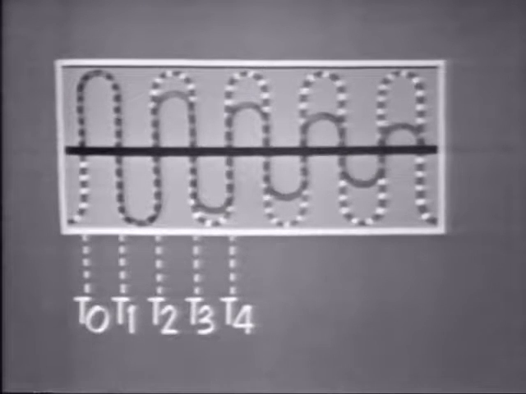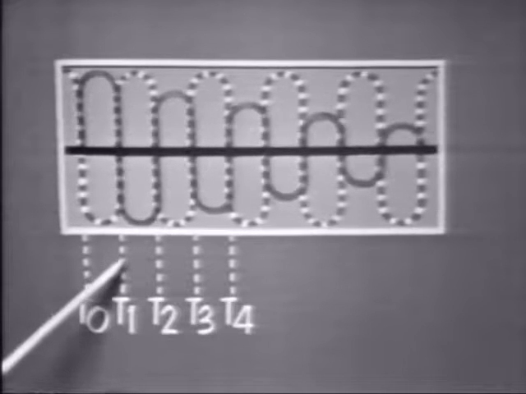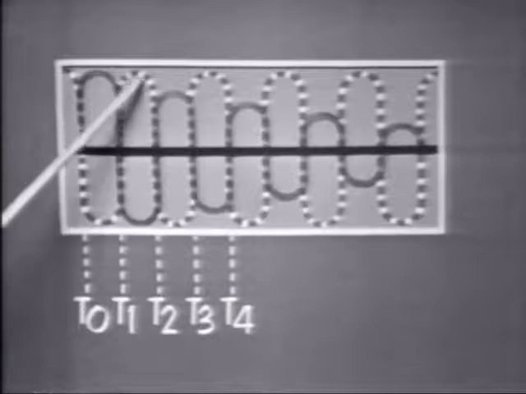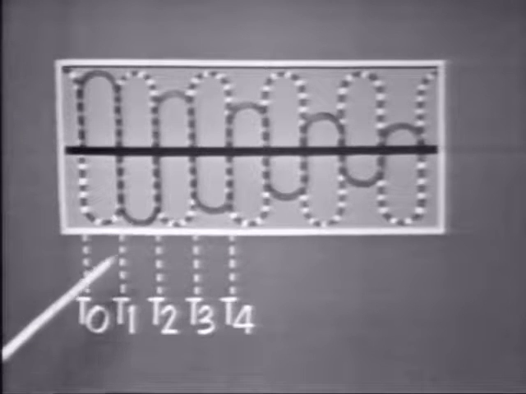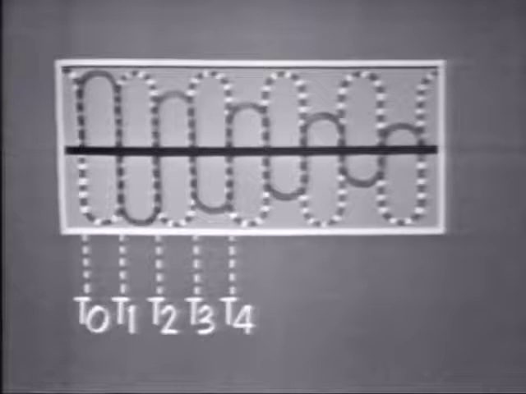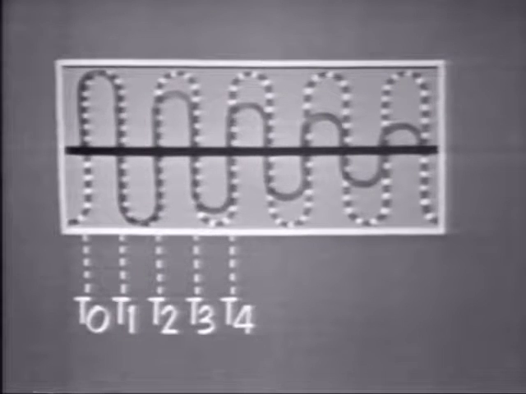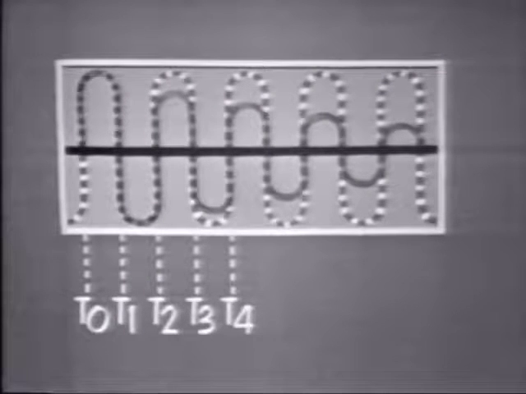However, if this positive voltage were added at time 1, it would cancel the energy in the circuit, and the circuit would stop oscillating. Thus, like the flywheel, the energy fed to the LC circuit must be of the proper amount to overcome the resistive losses in the circuit, and it must be delivered at the right time, or in phase with the oscillating signal.